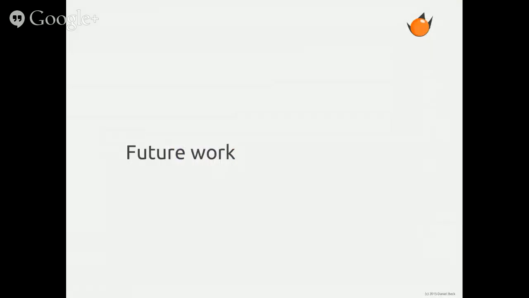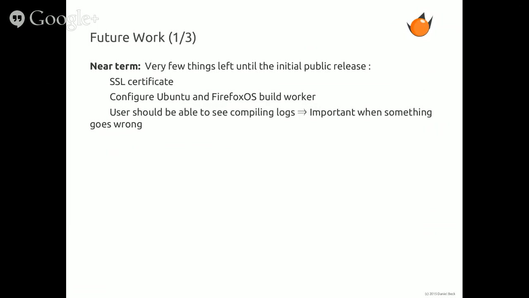Future work. So the near-term work: there are only a few things left to do. In fact, I have to get a SSL certificate. I have to configure the Ubuntu and the Firefox build worker.